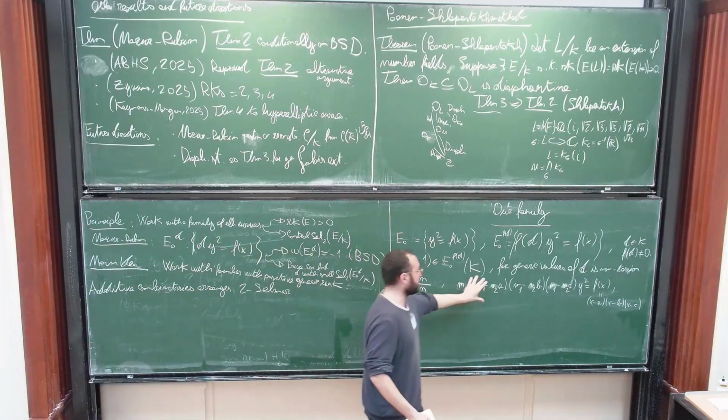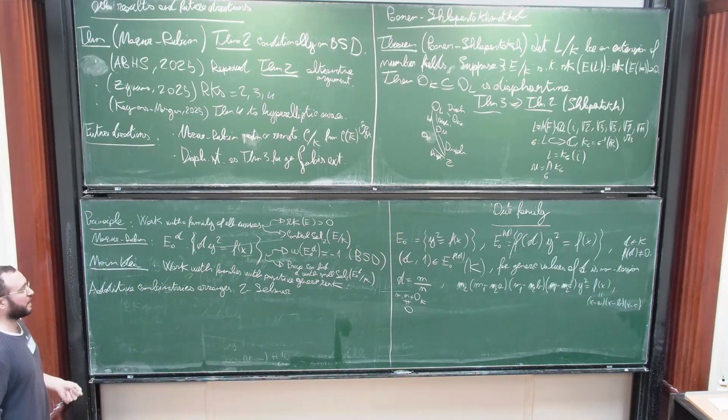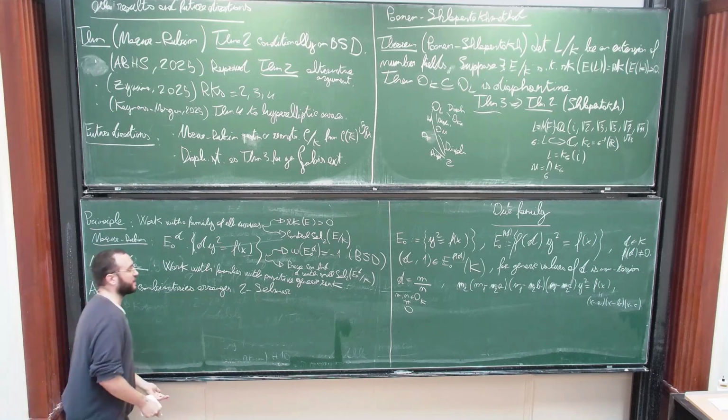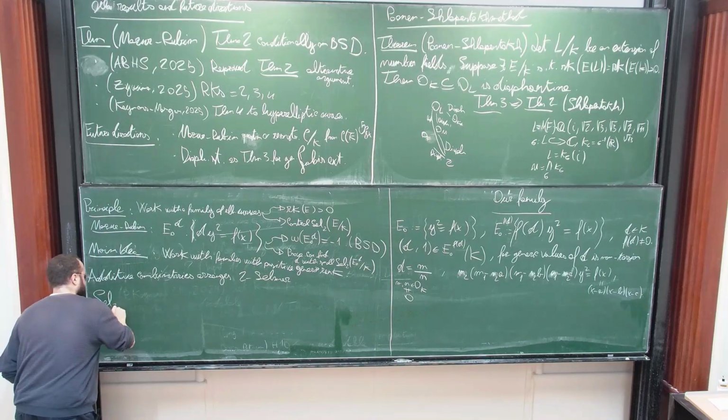Yes, so it's now a good time to tell you what the 2-Selmer group is, which kind of function it is. So 2-Selmer is a vector space over F2 that is the kernel of a certain matrix.